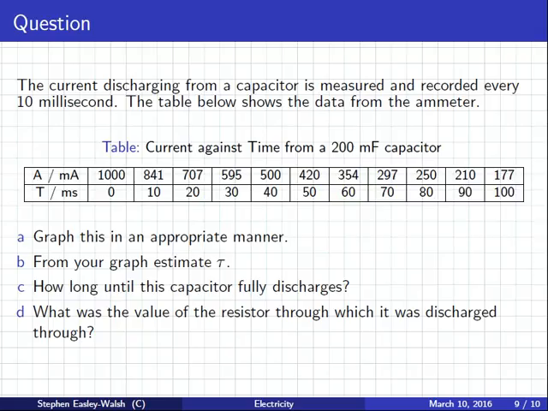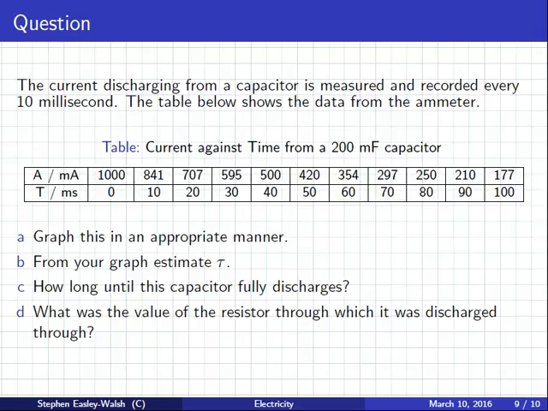Okay, good. Then you make the graph. Because you have the graph, you have the slope, and because you have the slope, you can get the time constant. If you know the time constant, how long until it fully discharges? 5 of this answer.